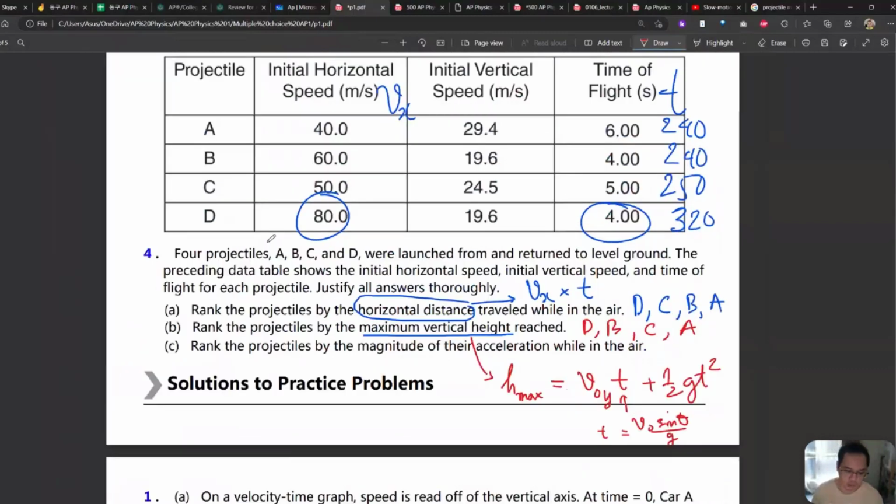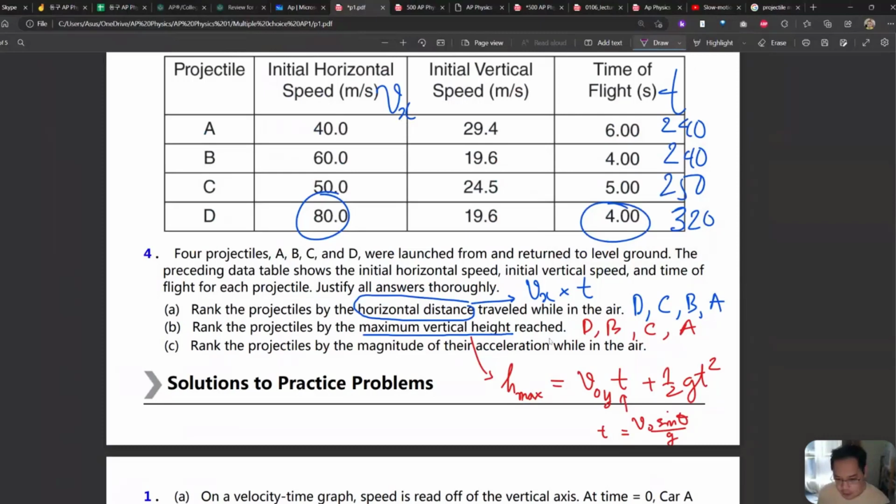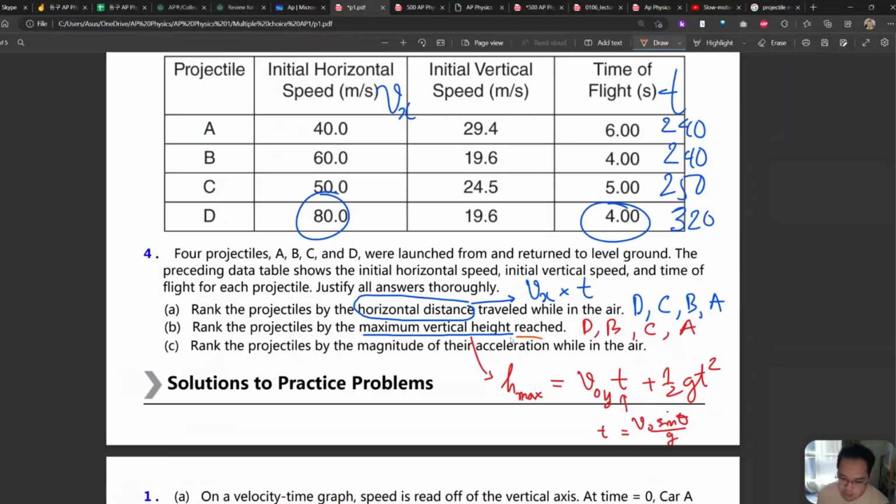Finally, question C: rank the projectiles by the magnitude of the acceleration while in the air. The acceleration is the same, not different at all, and therefore there is absolutely no rank. It's just a weird, silly question because they are the same, so there's no meaning of ranking.